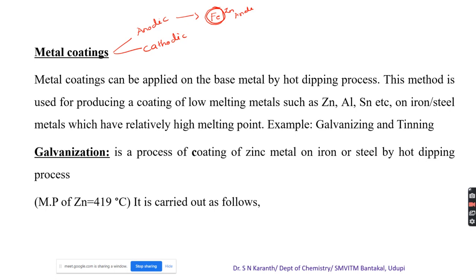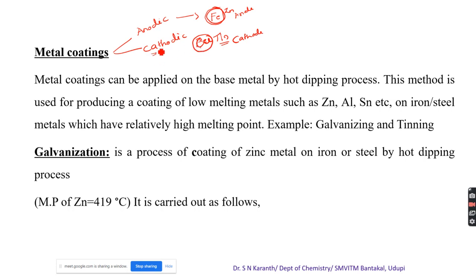In the case of cathodic coating, a more stable metal is coated. Like if you want to protect copper, it is coated with tin. So in order to protect copper, it is coated with tin metal, and this tin acts as cathode with respect to copper.